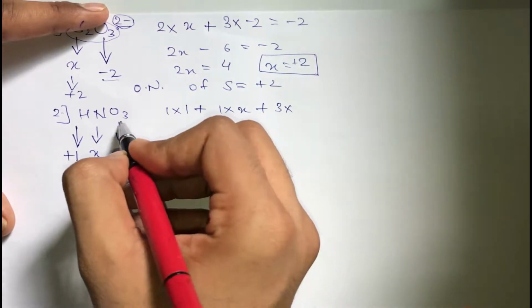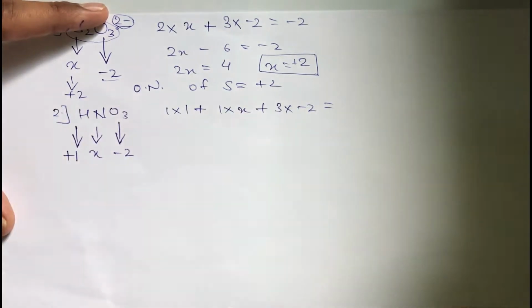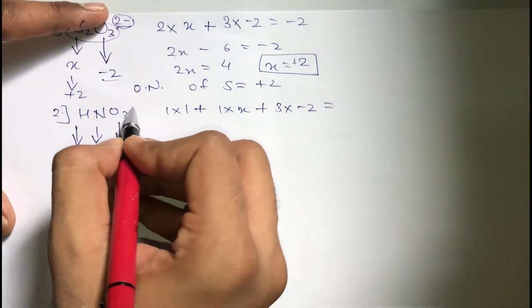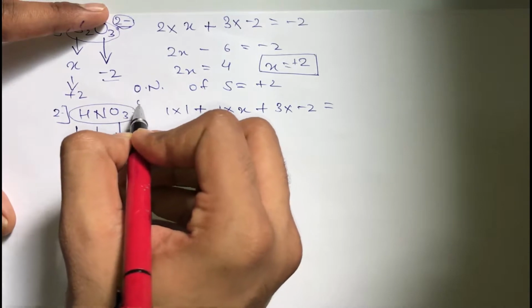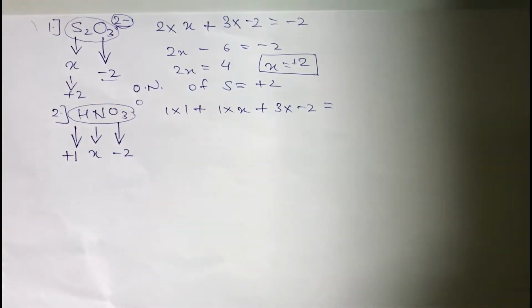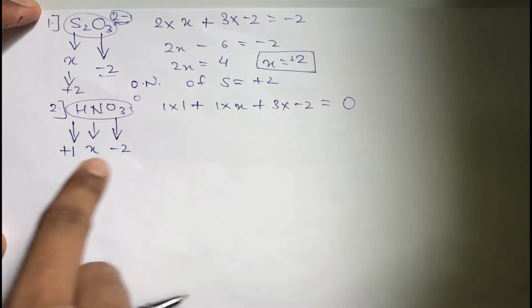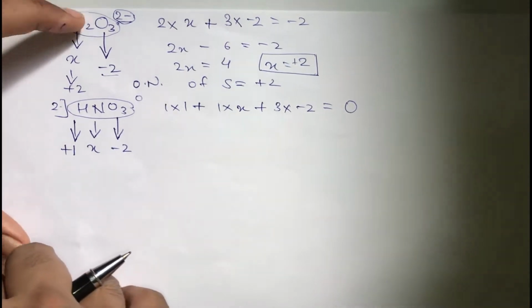So 3 times oxidation number of oxygen, that is nothing but -2, which will give me total charge on this molecule, 0. Can you see any sign or any charge on this total molecule? No. If there is no charge present, therefore you have to take it as 0. I think this was the second rule that we did.